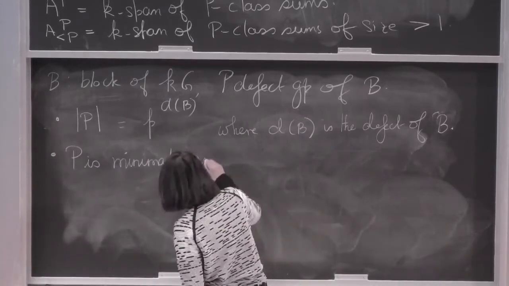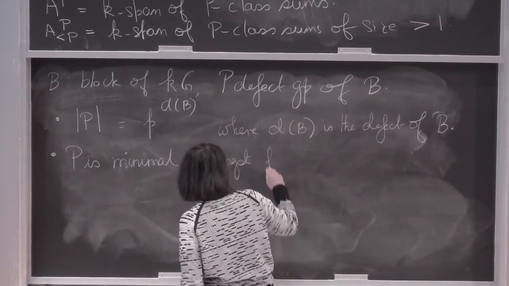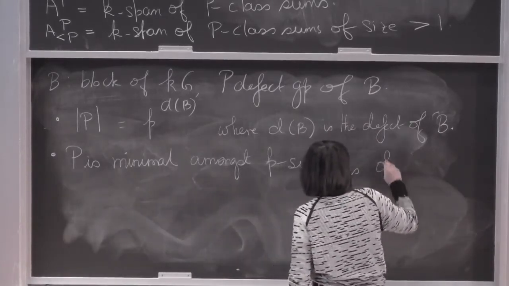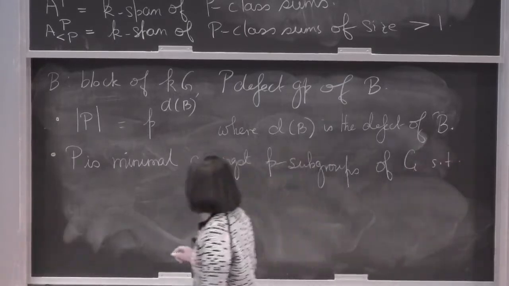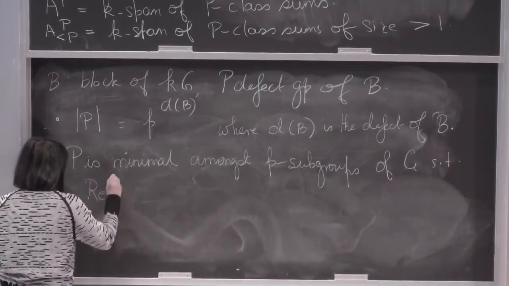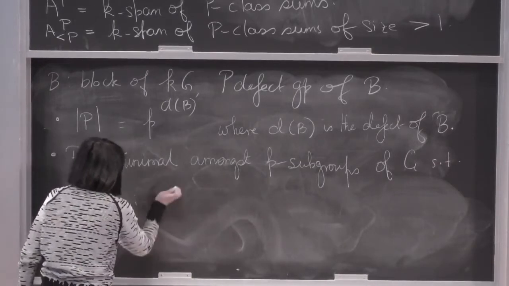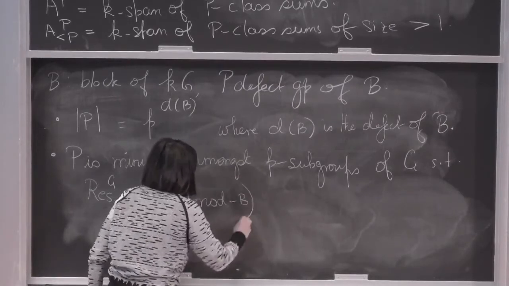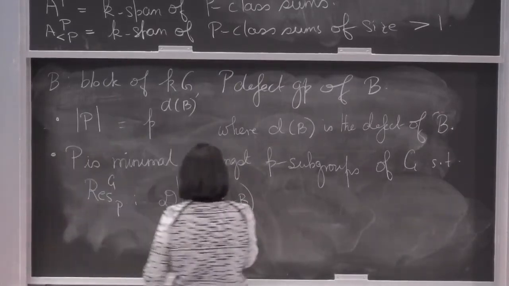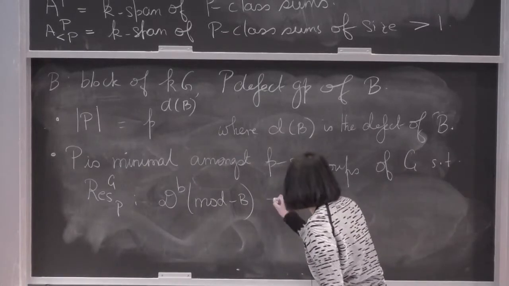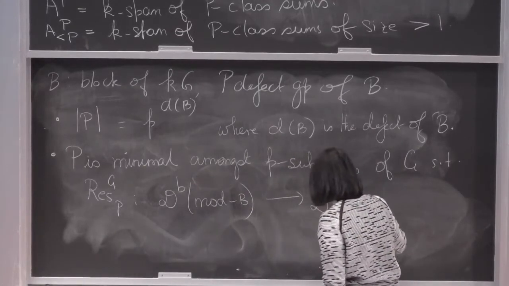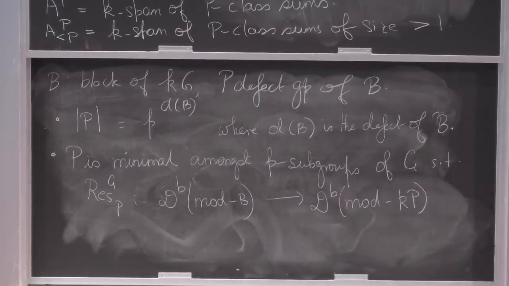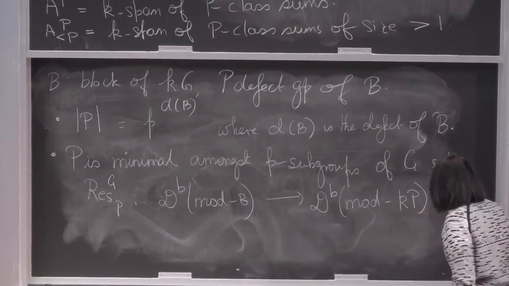So P is minimal amongst p-subgroups of G such that the restriction functor from the bounded derived category of the module category of B to the same for the group algebra KP is faithful.